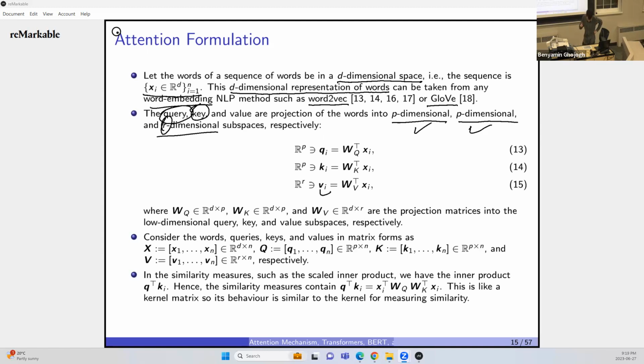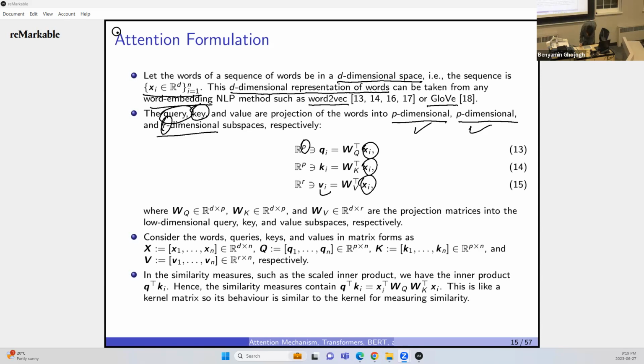By the way, sorry about that. I said p is the dimensionality of word2vec. I was wrong. x_i has dimension d, the dimensionality of word2vec. I project it with linear layers W_Q, W_K, W_V to some other space. For query, I project the d-dimensional embedding onto a p-dimensional space.